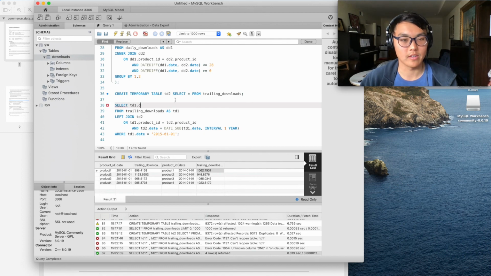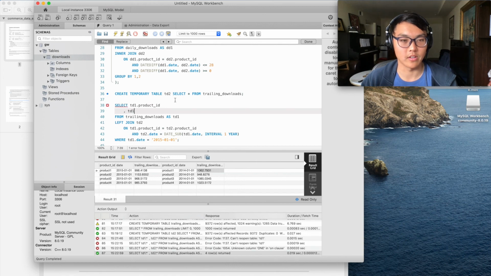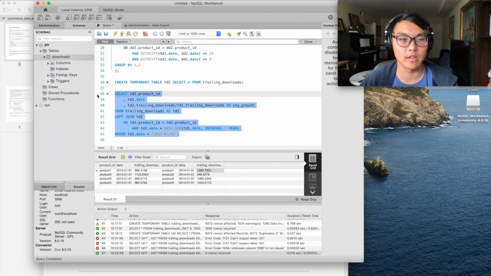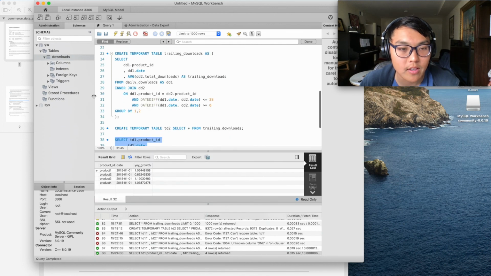This is our current product and our current date, because we're using TD1 as a reference, and then we'll be taking the trailing downloads divided by TD1.trailing downloads as growth. So now if we run this, what is that value? Yep, this looks right. Awesome.